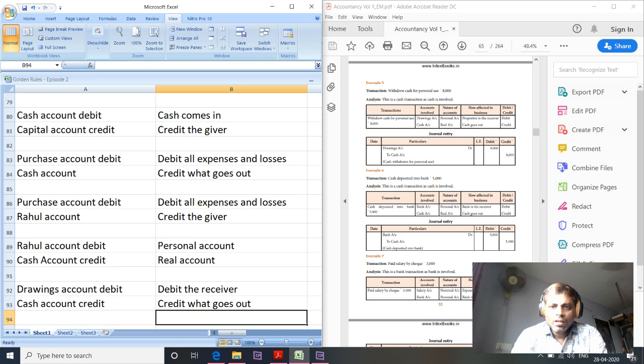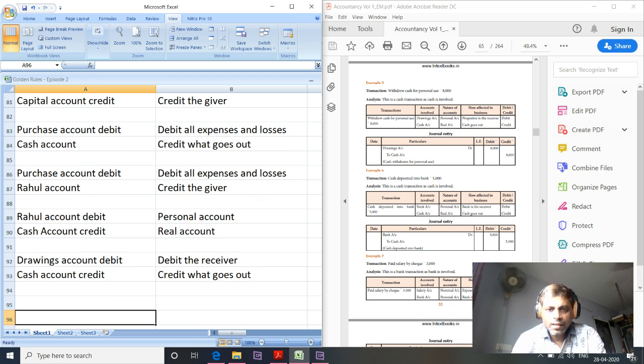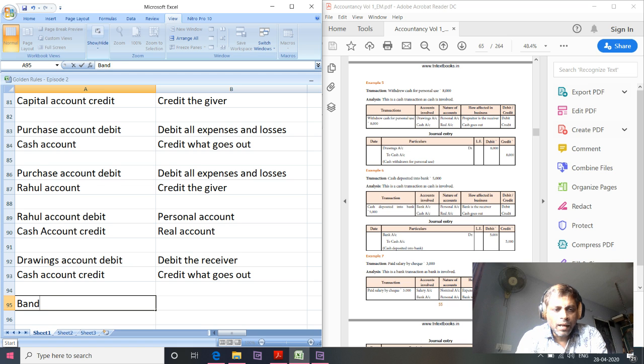So cash deposited into bank. This is interesting. You can see here next example. Example 6. Cash deposited into bank account 5,000 rupees. Here bank account debit and credit cash account.